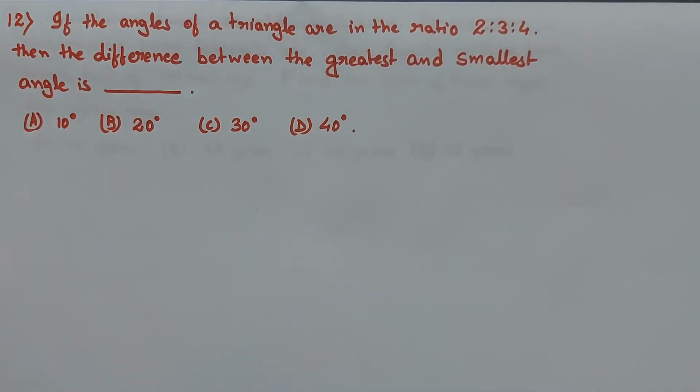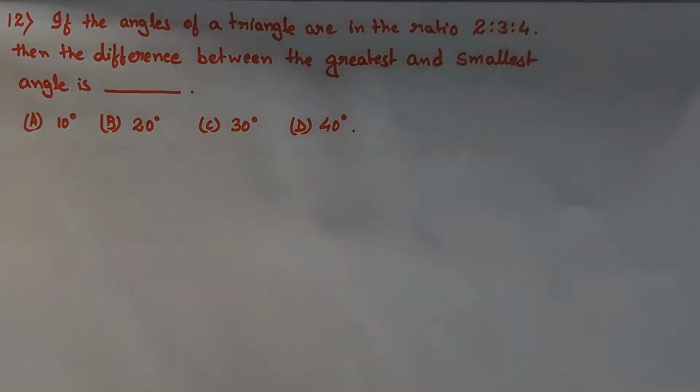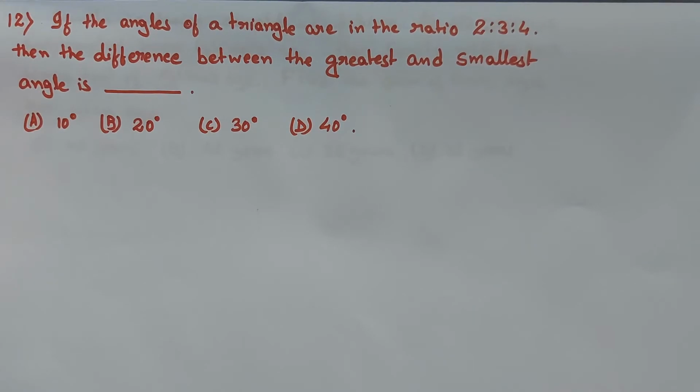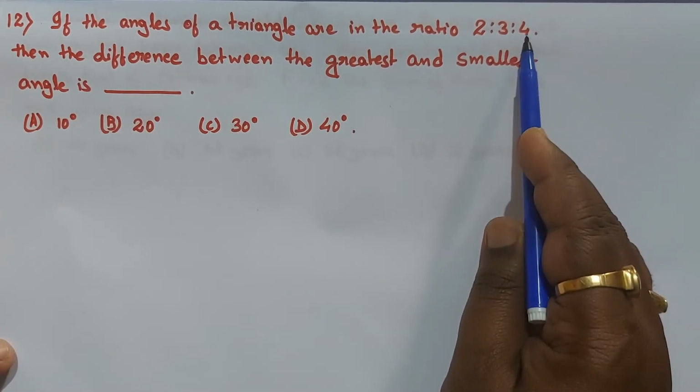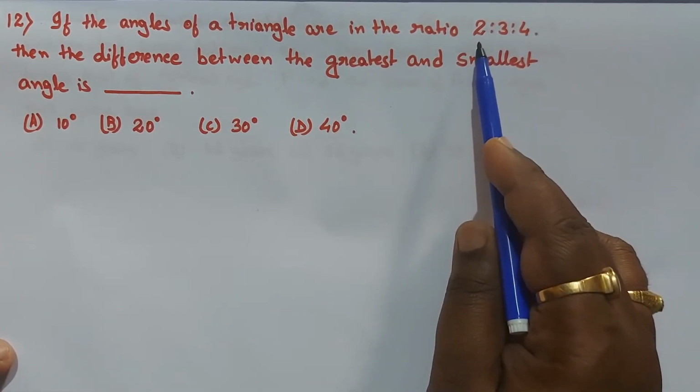So how do we find this? If the angles of a triangle are in the ratio 2:3:4, from the ratio we can easily see that 4 is the greatest and 2 is the smallest angle, obviously.